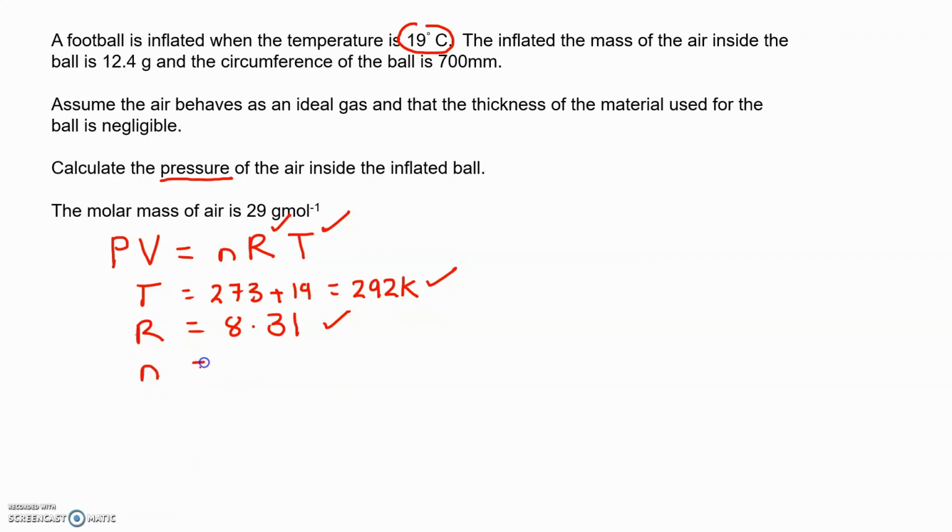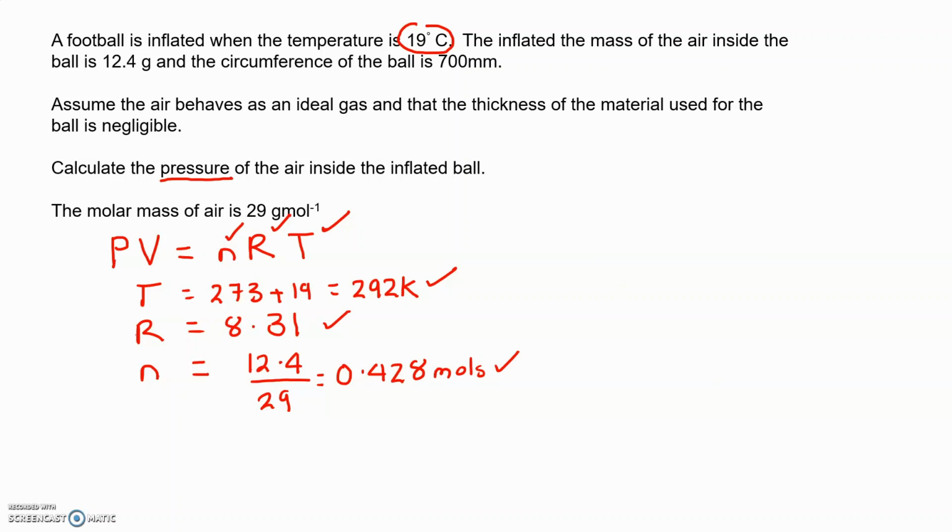We can calculate that by doing 12.4 divided by 29, which will give us 0.428 moles. Okay, so we've got n as well.